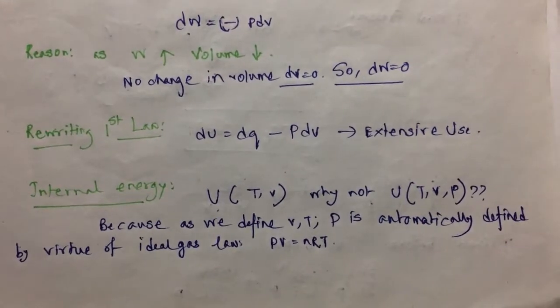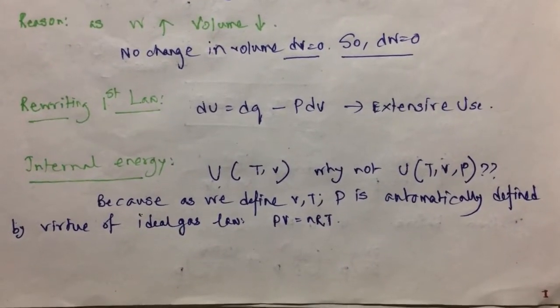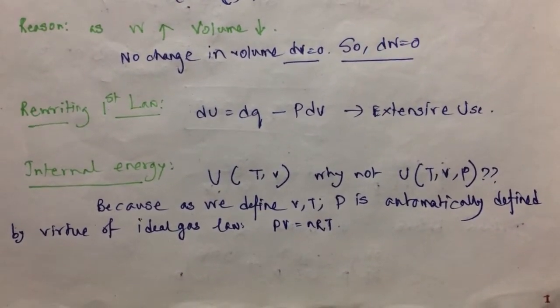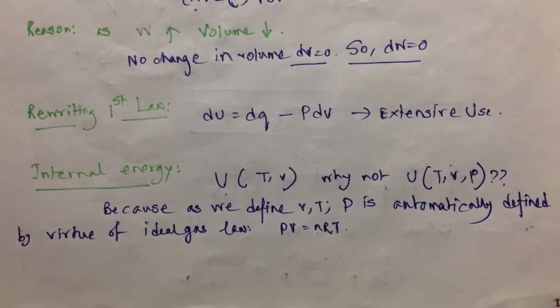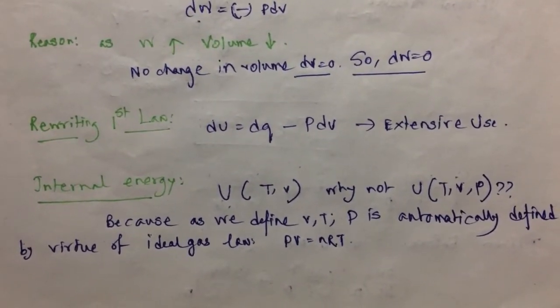Now let's look into the internal energy of the gas. We can write internal energy as a function of temperature and volume. You can ask me why it is not a function of all three quantities: temperature, volume and pressure.